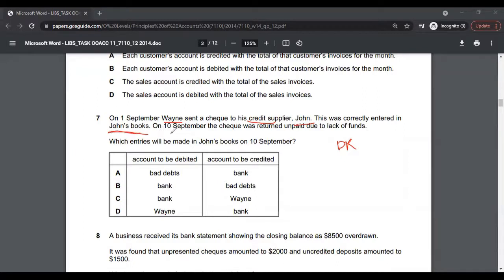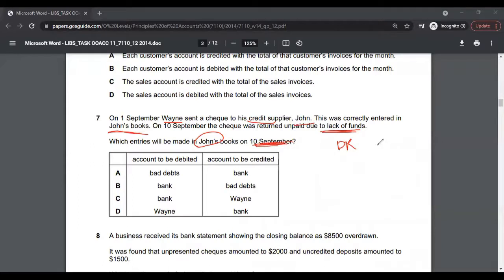On 10th September, the check was returned unpaid due to lack of funds. Which entries will be made in John's book on 10th September?